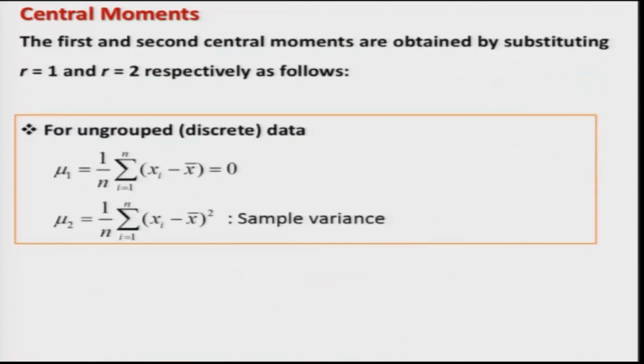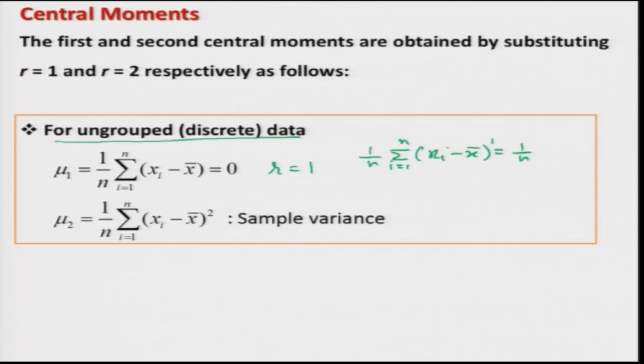Now, let me try to choose here r equal to 1 and r equal to 2 and see what happens to the first and second central moments. First, I take the case of ungrouped data. In this case, if I substitute r equal to 1, you can see what I will get: 1 upon n summation i goes from 1 to n, x_i minus x bar raised to the power of r, which is here 1.